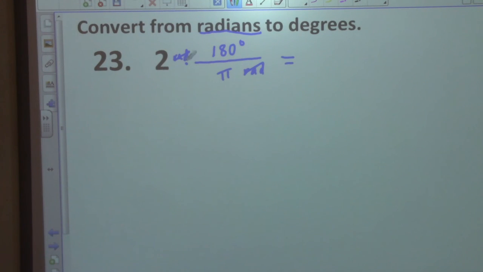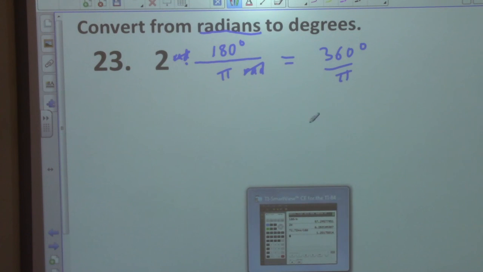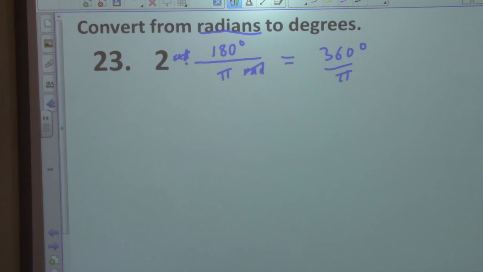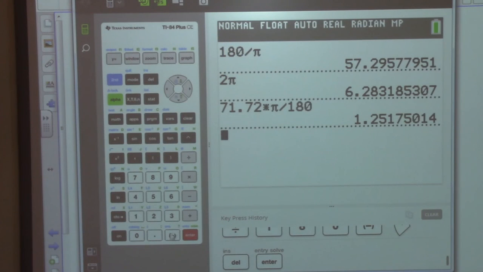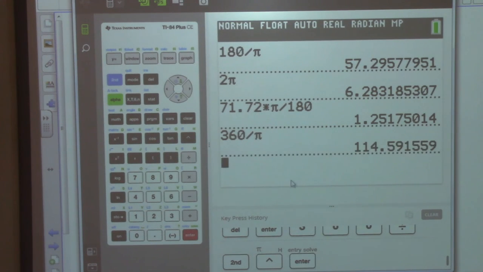So what we have is 2 times 180, or 360 over pi. Usually we don't leave it like this. You could say 360 over pi degrees, but usually at this point you'll just get a decimal answer, which is going to be 114.59.